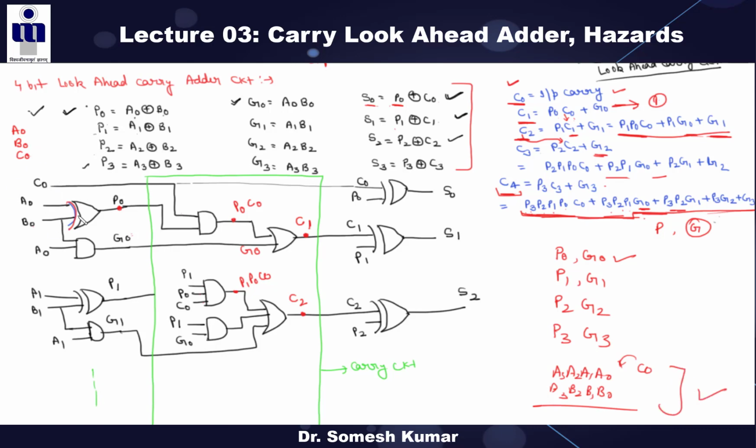If all these gates, XOR and AND, have the same delay, suppose 2 nanoseconds, then P0, G0, P1, G1 will be obtained after how much time? This is your first stage. After how much time do you get this first stage?